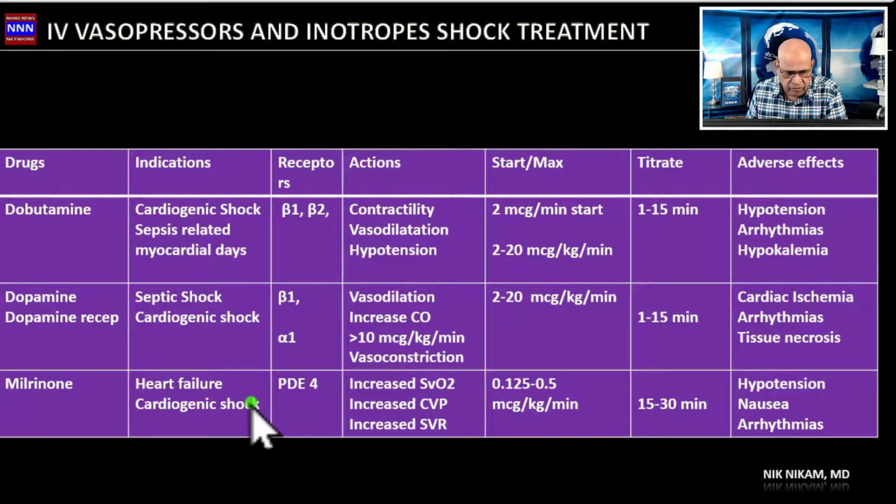Some other side effects of milrinone would be hypotension, nausea, and arrhythmia. The dose is 0.125 to 0.5 micrograms per kg per minute. Milrinone has been shown to improve cardiac output, improve patient symptoms, and also improve quality of life when used intermittently in patients with refractory heart failure.